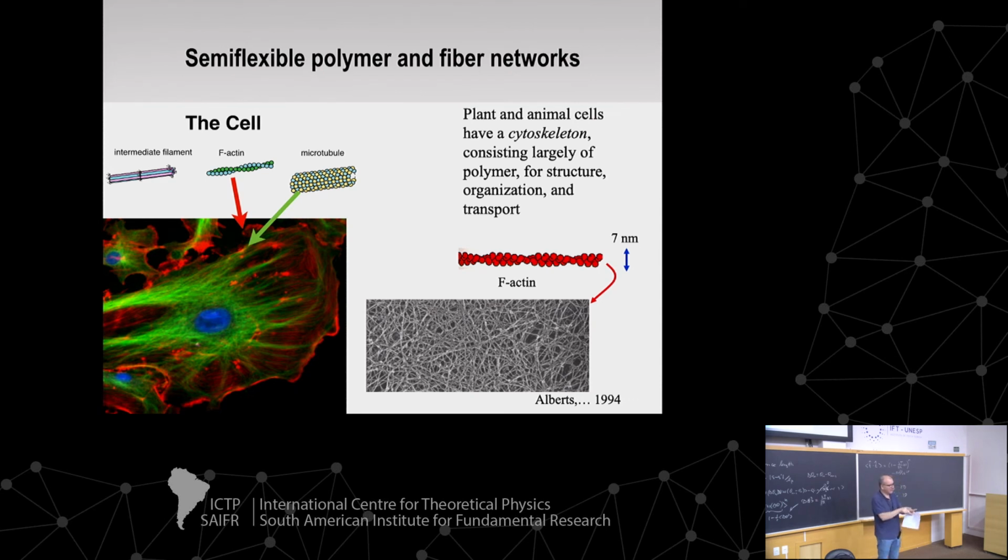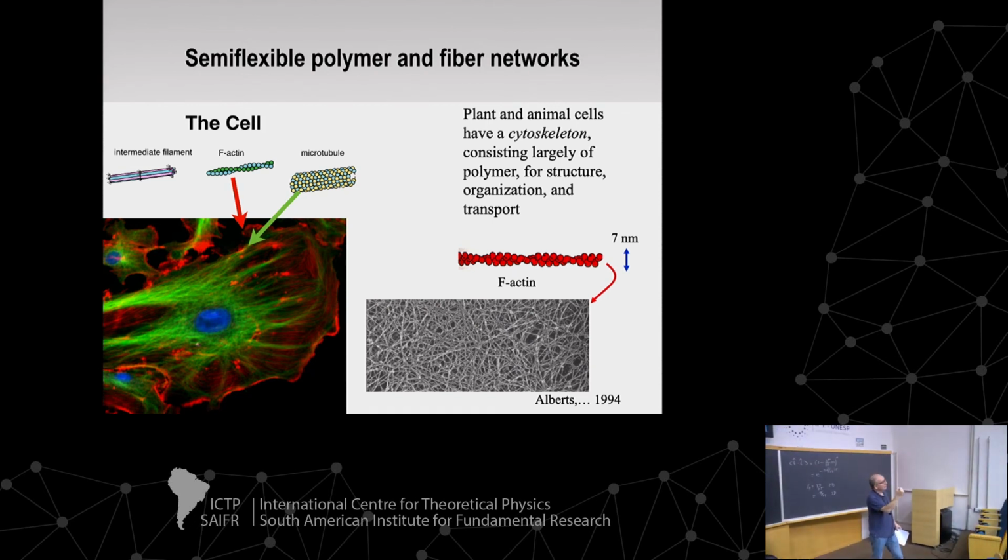Depending on the orientations, I could have points where they get pretty close and points where they are widely separated; in this image you can see the pores are very polydisperse. So a realistic definition of the mesh size would be to take that image and say, if I take colloidal particles of a certain size, at what size, with probability 1/2, would it be able to make it through the mesh?